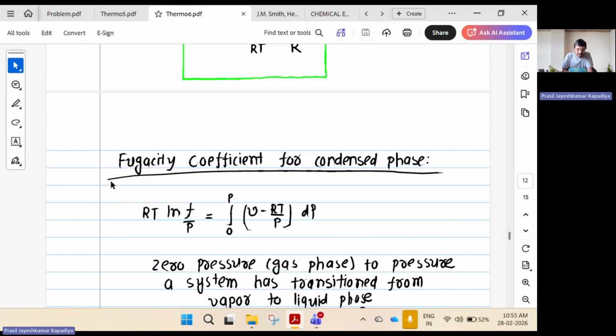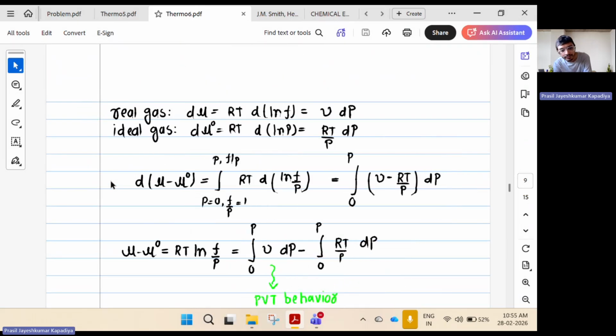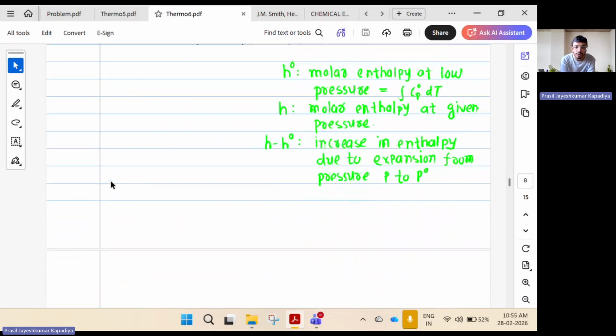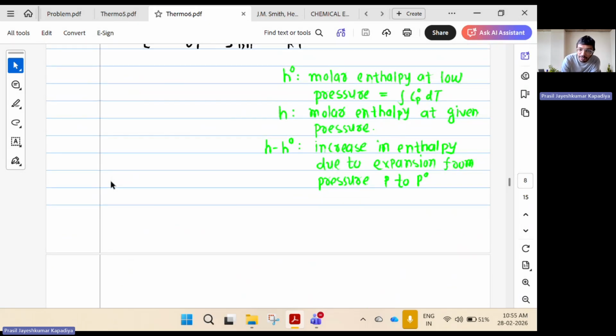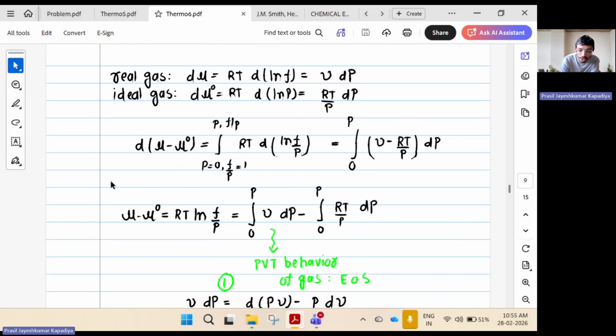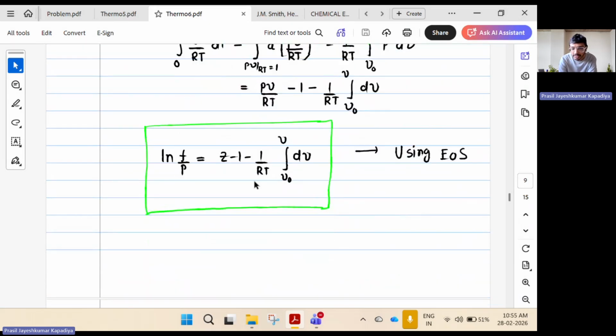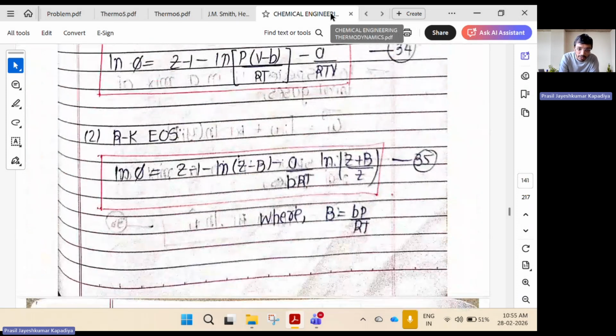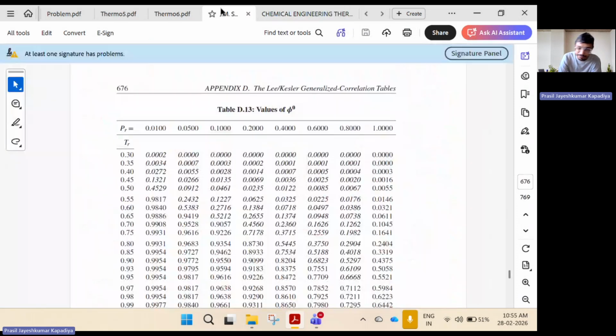Now, till now we looked at how to estimate the fugacity of each component, or F by P. We first tried to simplify it and looked at how we can derive it using a simplified form, and then we converted it into terms of the equation of state we can use, where these are the various forms of equations for each equation of state.